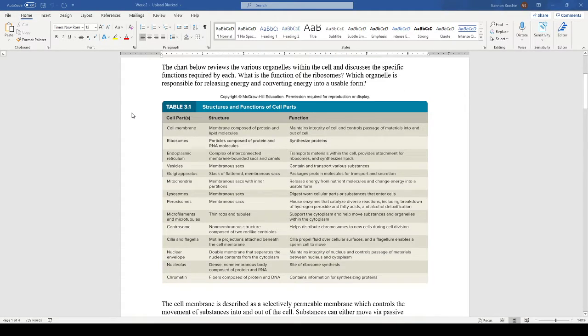So let's talk about some of the other organelles. So ribosomes. Ribosomes are a protein complex that has kind of two components. It's going to have proteins, but it's also going to have RNA molecules. We'll talk about DNA and RNA a little bit later and more in depth in other chapters.